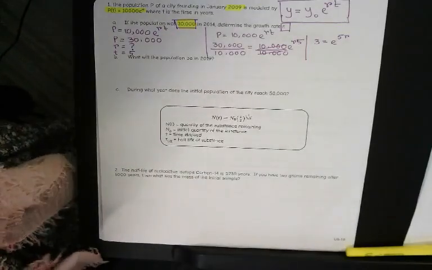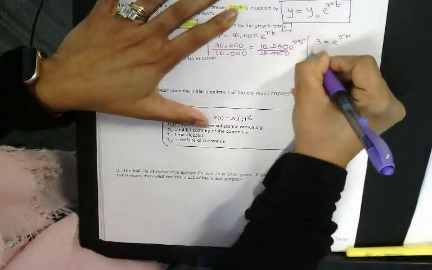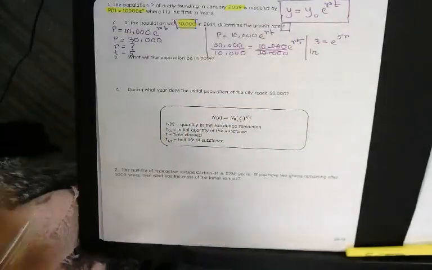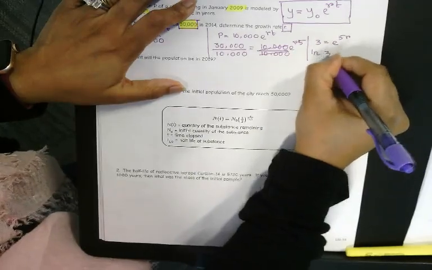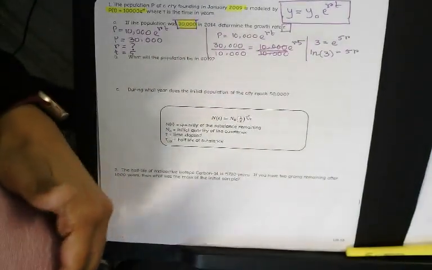If I have a cube, I take a cube root to cancel it. It's the same thing. If you have e on one side, on the other side if you take ln, e will be cancelled. It nullifies your e. So ln of 3 is equal to 5r.